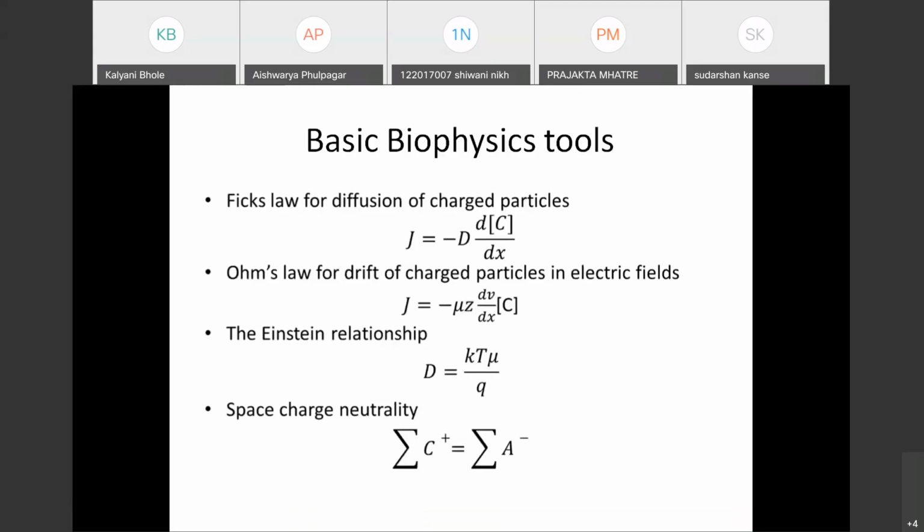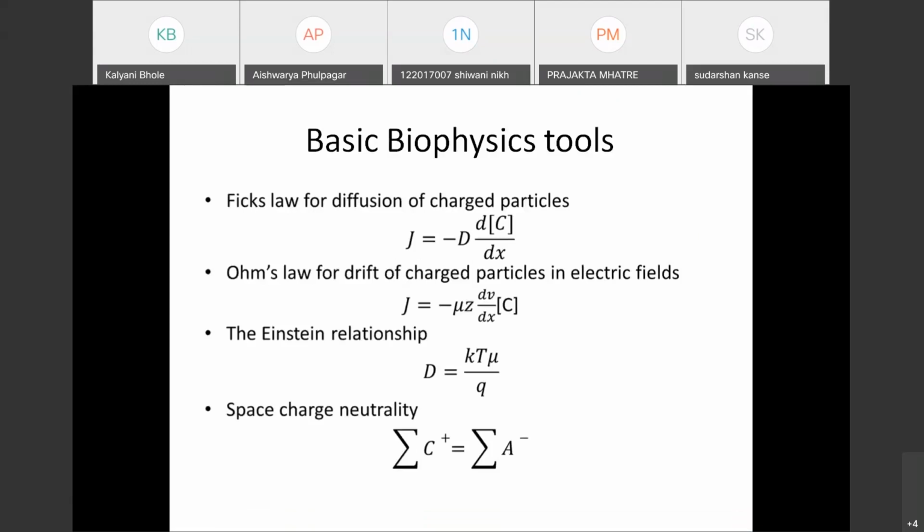These are the four basic mathematical tools which are needed to calculate the voltage across the membrane, maybe the resting state potential, or maybe during repolarization, everything.